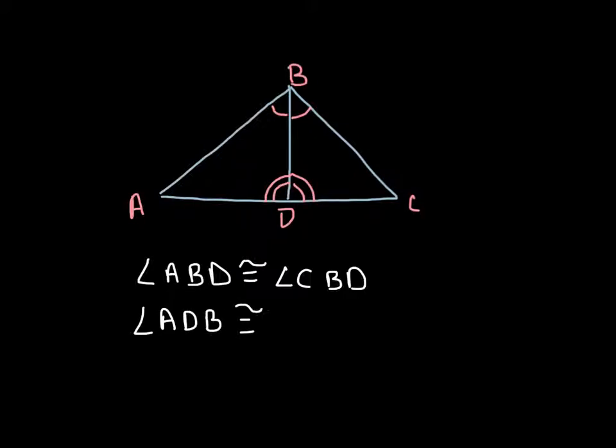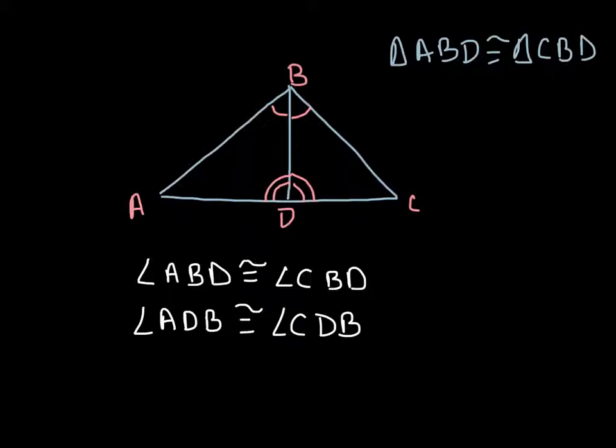But that's not quite enough information to prove that. Oh, by the way, what are we trying to do? That's probably important. We're really trying to show that triangle ABD is congruent to triangle CBD. And so we're looking for postulates that can help us prove and demonstrate that.